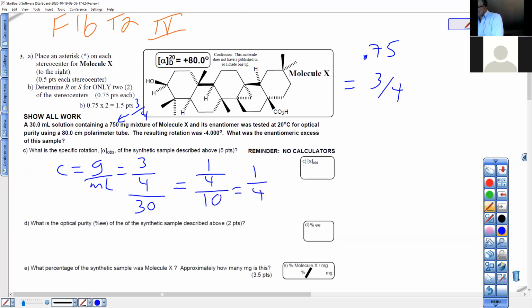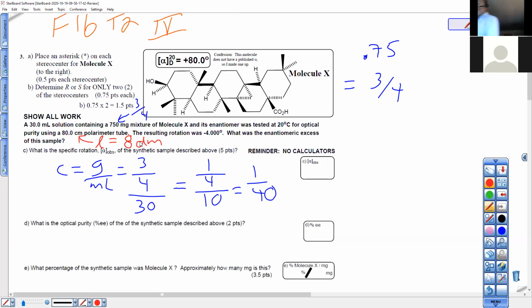I'm just writing big here. And L is here. L, 8 decimeters. If 1 decimeter is 10 centimeters, then this is definitely 8 times that.